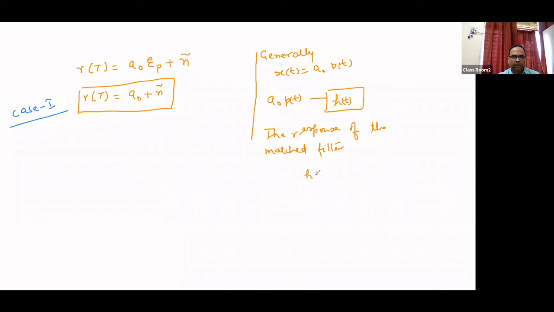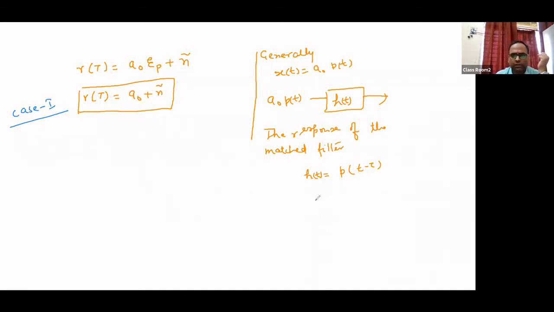So h(t) can be simply represented as, for example, p(t) minus tau, the pulse with some delay, right? The matched filter should match the pulse we have chosen. That's why the name of this filter is matched filter, right? So if A naught p(t) is passing through h(t), the output is the convolution of p(t) and h(t), and h(t) is again p(t) minus tau, which is nothing but the delayed version of p(t).